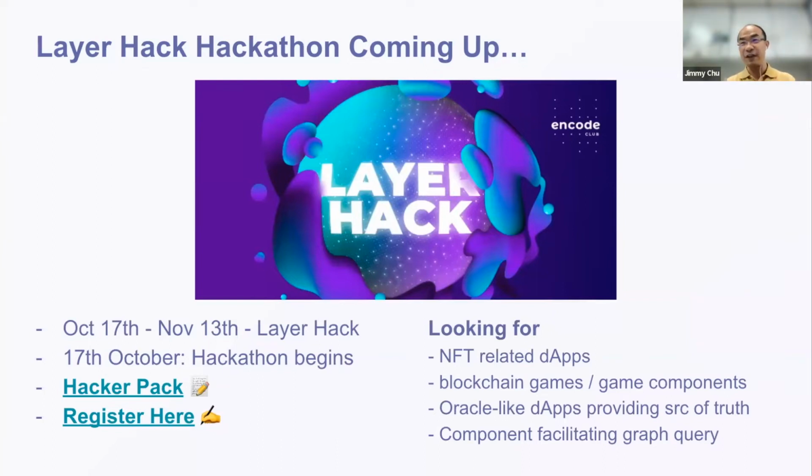So NFT related dApps would be so. Blockchain game components would also be something that we see could easily create a traffic spike. So these two verticals are something that we are especially looking into.